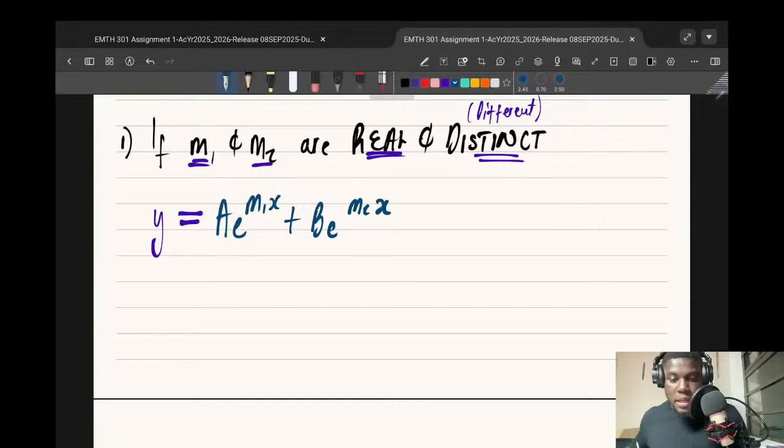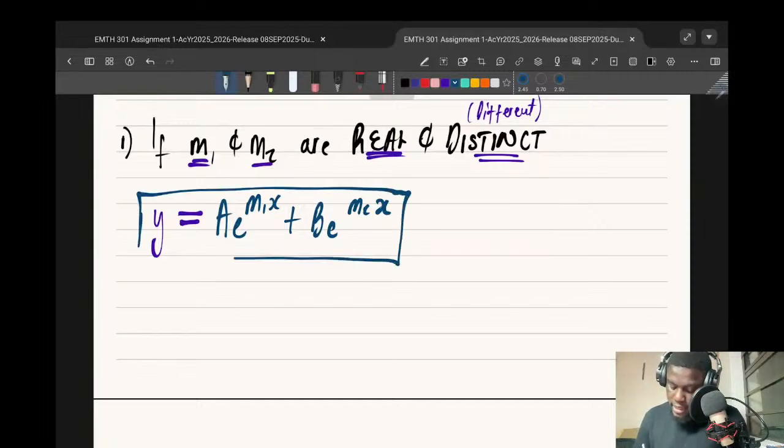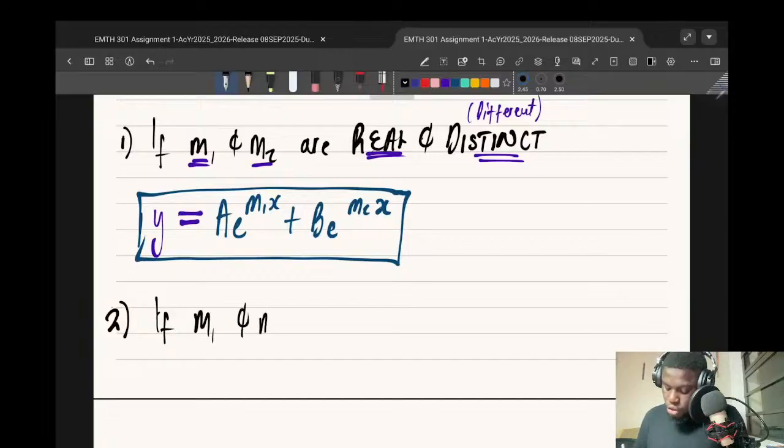This is how you get your solution if they are distinct and different.